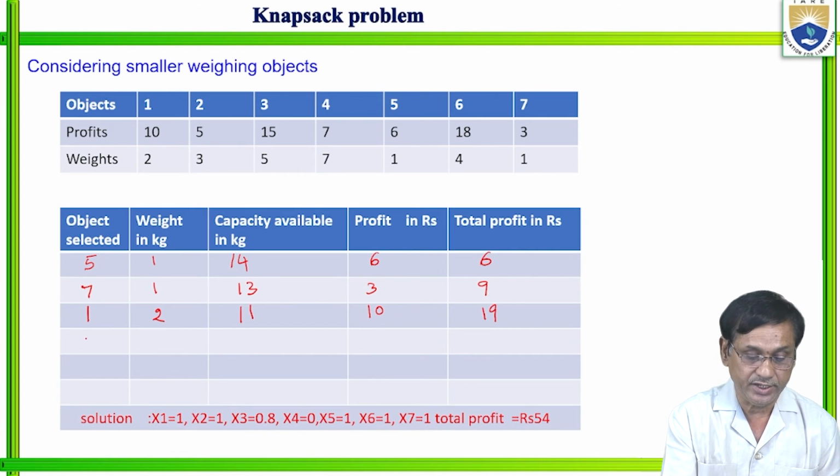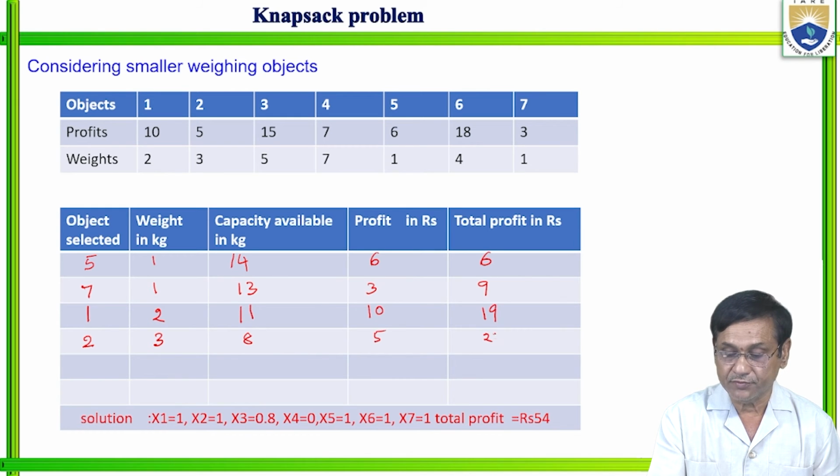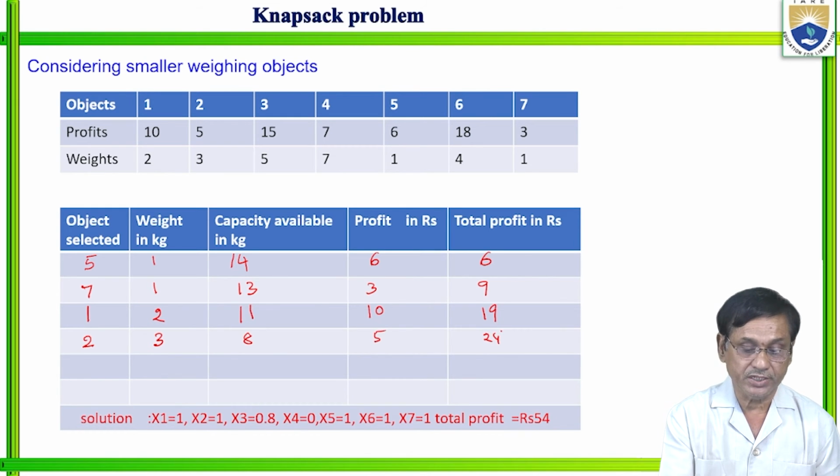Next lowest is 3, that is corresponding to the second job, so 3 you can consider, 11 minus 3 is 8 and the profit corresponding to the second one is 5, this is 24. 19 plus 5 is 24.